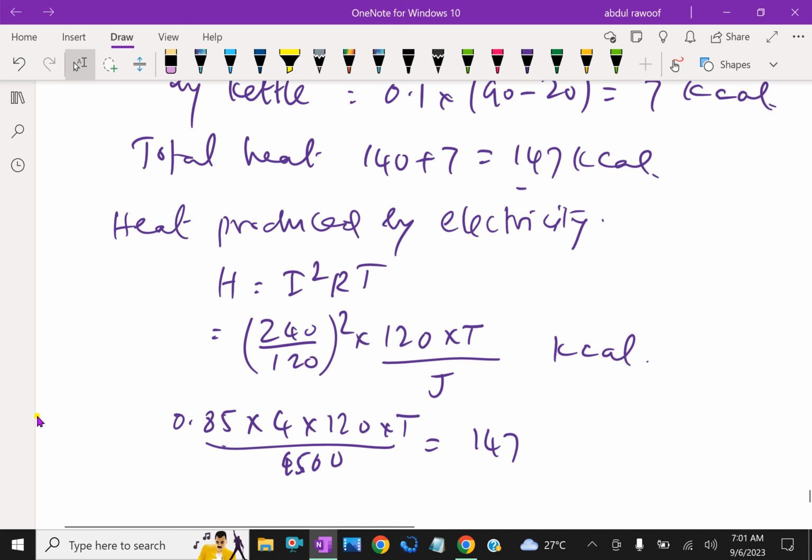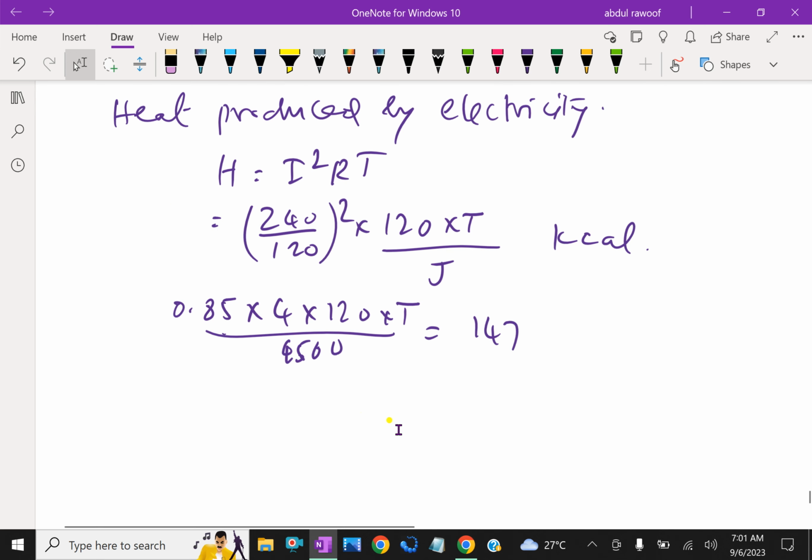That means efficiency into heat produced by electricity is equal to heat taken by water. So we are equating to find the time taken.